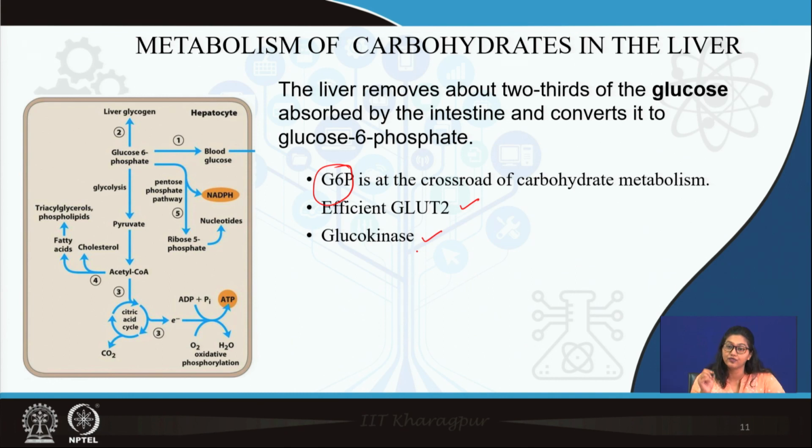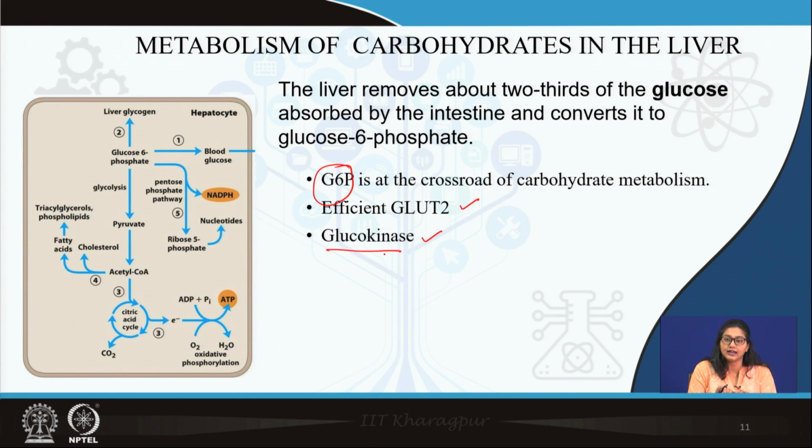Now, hexokinase 4 is the isoform of hexokinase which is present in liver, which is also known as glucokinase. The efficiency of the GLUT2 transporter is such that it can maintain the concentration of glucose inside the cell at par with the circulation.